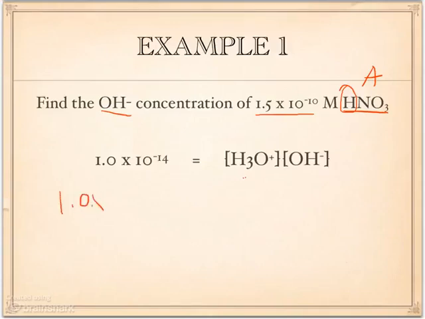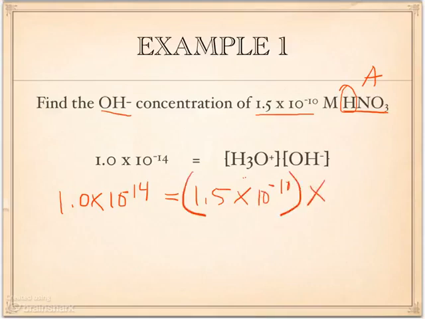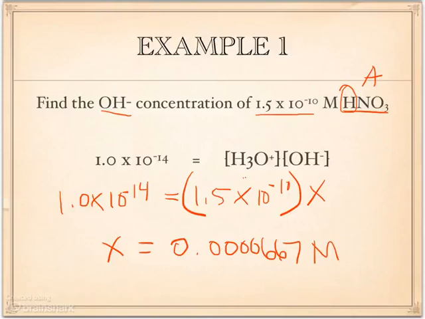So basically all you have to do is substitute this value in, the 1.5 times 10 to the negative 10, for the H3O plus, and then your OH minus would be your X. So just solve for that, and you should end up with a value of 0.0000667 molar. And that would be the concentration for your OH minus in this case.